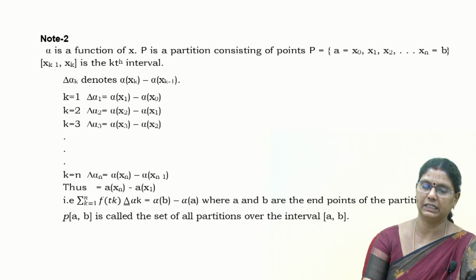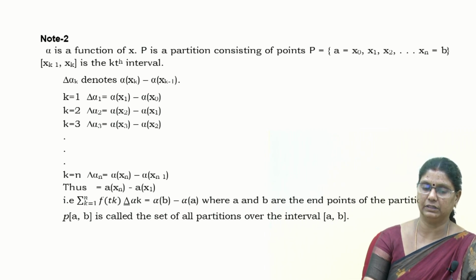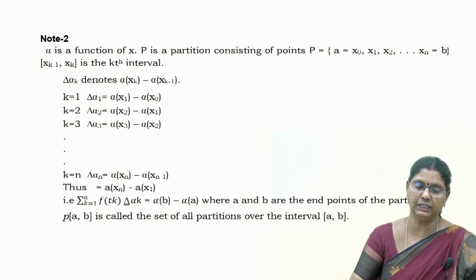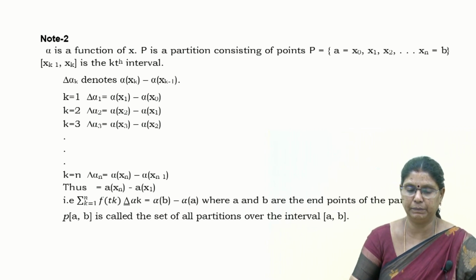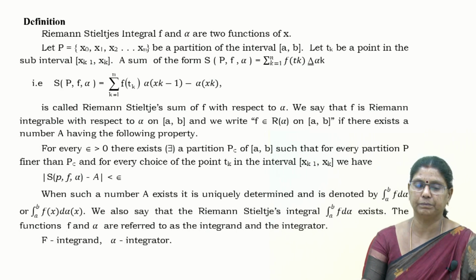Delta alpha k stands for alpha of xk minus alpha of xk-1. If we put k values as 1, 2, 3, we can get the respective ones, and similarly if k equals n, then delta alpha n is alpha of xn minus alpha of xn-1. Therefore the summation of delta alpha k is nothing but alpha of b minus alpha of a, where a and b are the endpoints of the partition P of [a, b], and P[a, b] denotes the set of all possible partitions of the closed interval [a, b].